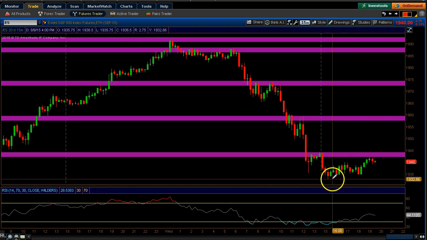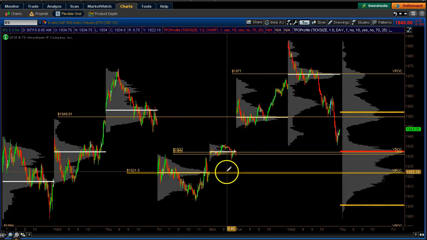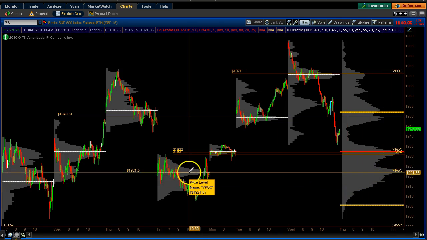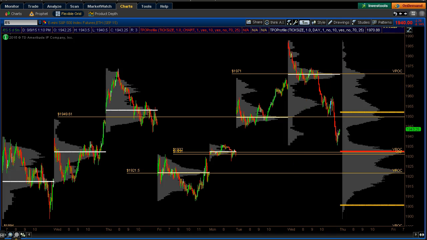This is real time, and the low was 1932.86, so it came about 3 ticks away from touching. That's how powerful these are. We still have another VPOC right down here at 1921. So over the next day or two, if price falls down, I'll look to be a buyer.